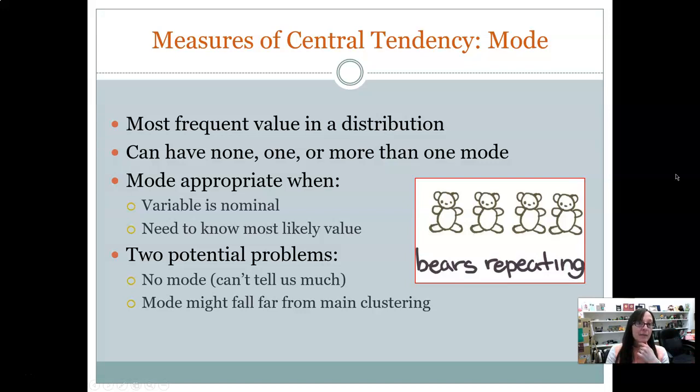But the more useful, more common problem is that the mode might actually fall far from where the main clustering is. For example, if there's a lot of zeros for a variable, but the real clustering is happening around some other number, there might be more cases in that cluster.